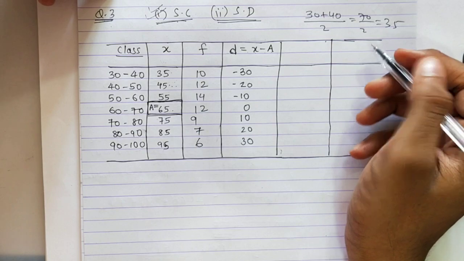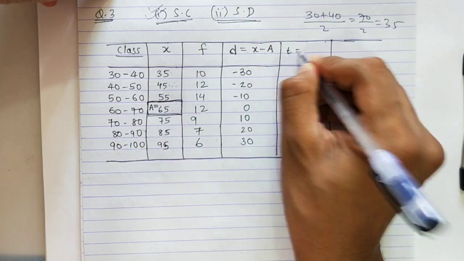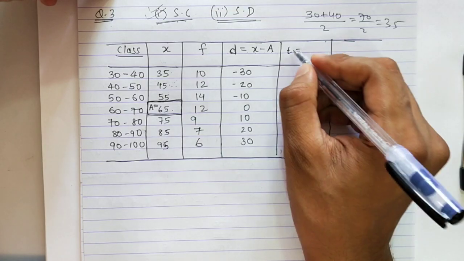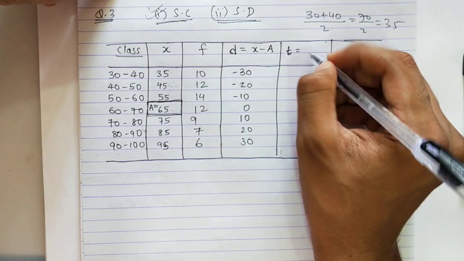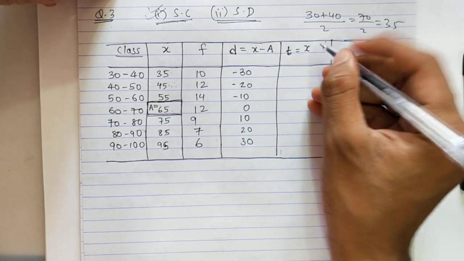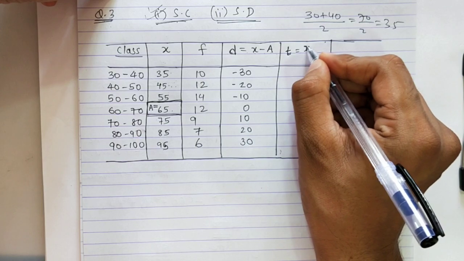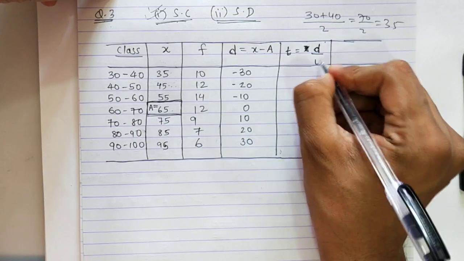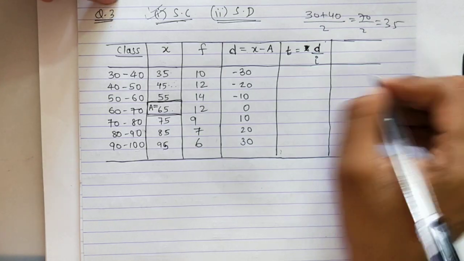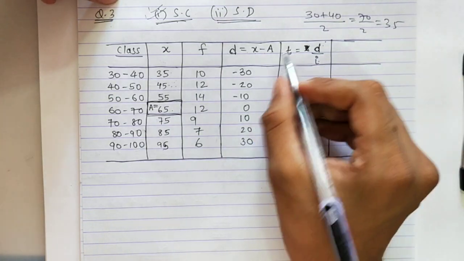In step deviation, we have to find T. What is T here? T is something new here. Whatever answer you got for X minus A, I can write it directly, D upon I. How to find T? T is D upon I. What is D?